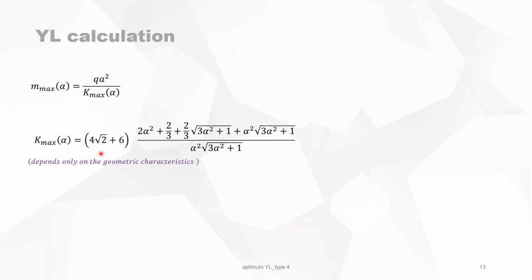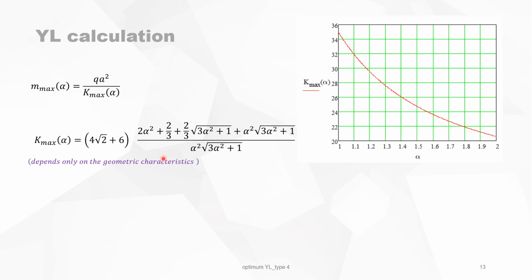And you see that this expression is only a function of alpha. So it's only a function of the geometric characteristics, which can be handy. On this graph, you will see on the x-axis alpha from 1 to 2, and on the y-axis the k factor.